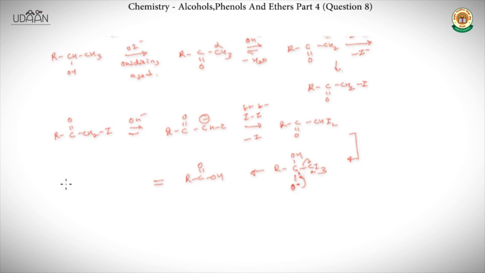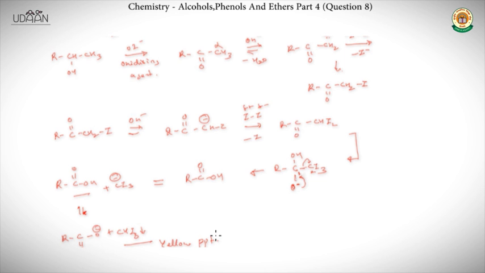Finally, it produces RCOOH plus CI3 minus, and as we know the carboxyl group is more acidic compared to CI3 minus, therefore a proton exchange will happen, and it will ultimately lead to RCOO minus plus CHI3, which is our yellow precipitate or shiny crystals.